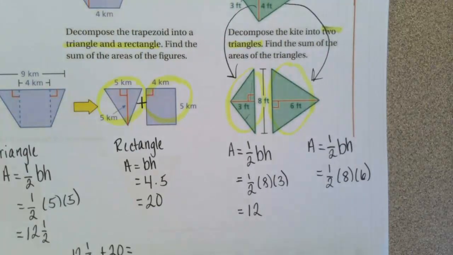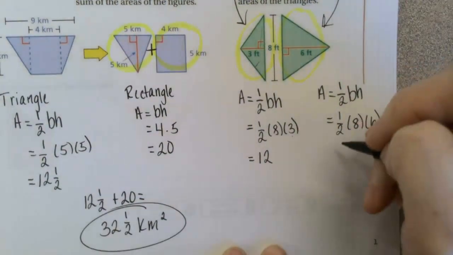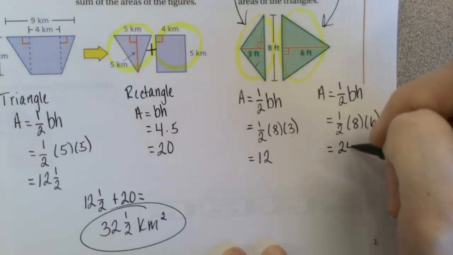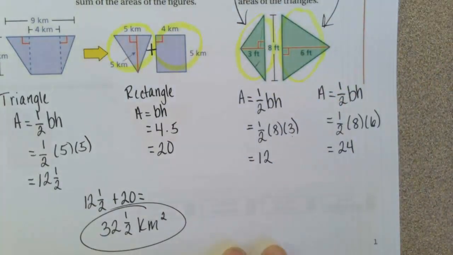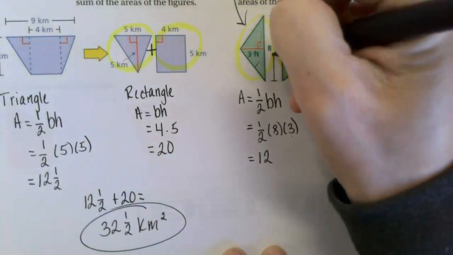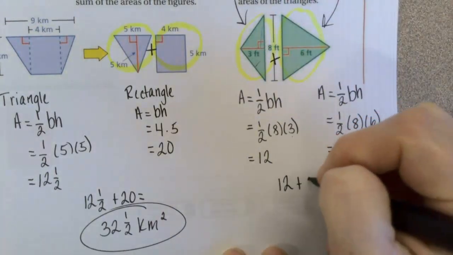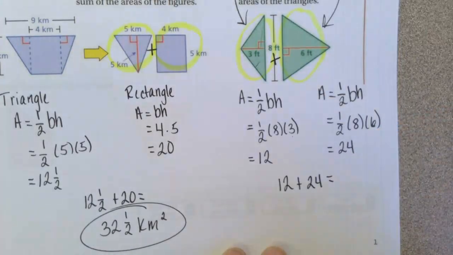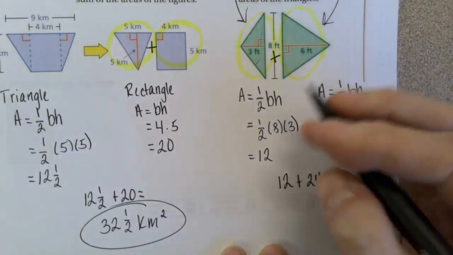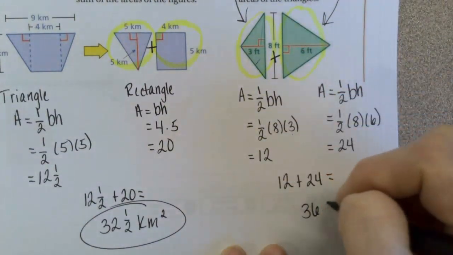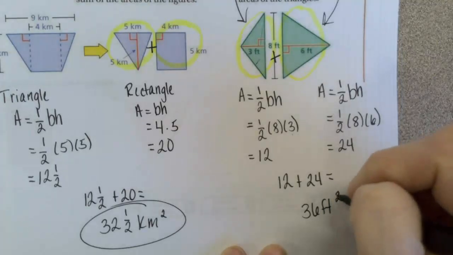So we have 8 times 6, 48, cut that in half. We get 24 there. Again, we're trying to find the area of the entire shape, so we add those together. The area of the entire kite is 36 feet squared.